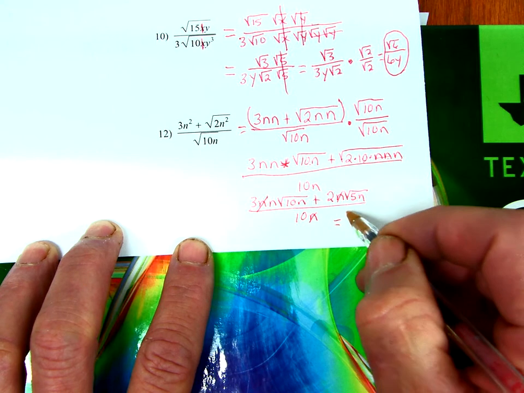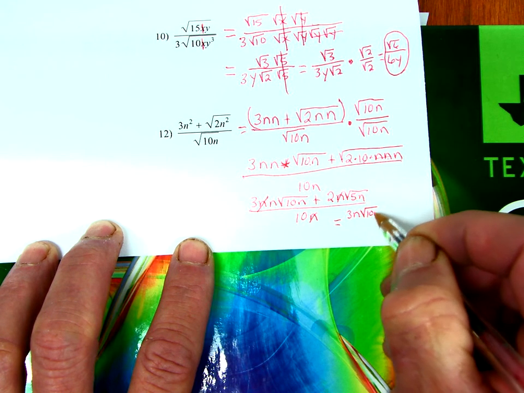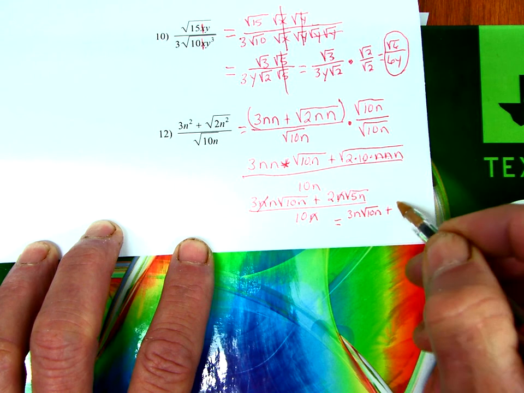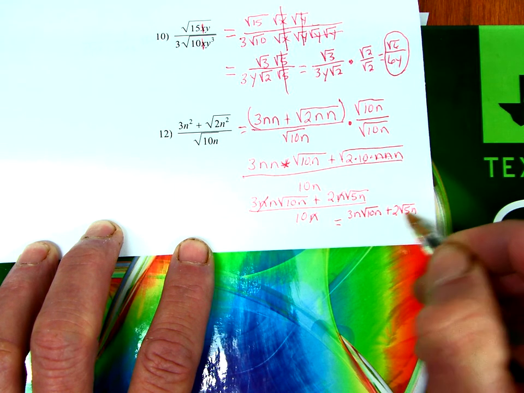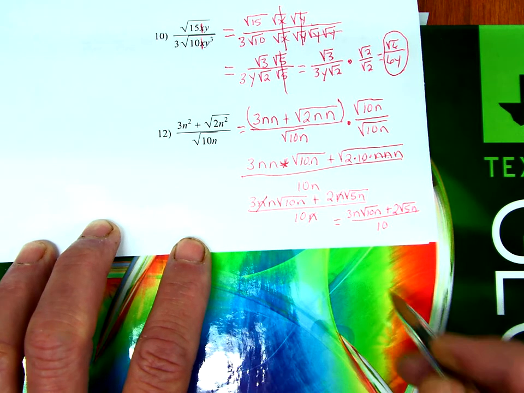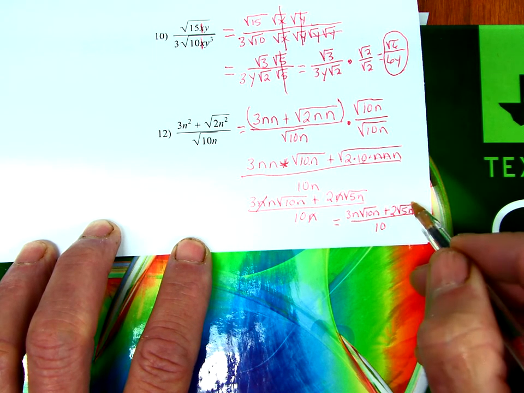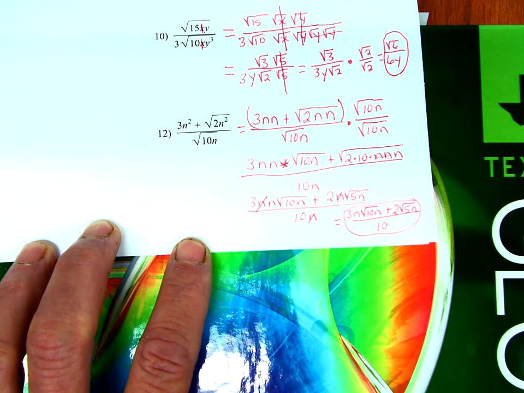This equals 3n square roots of 10n plus 2 times 5n all over 10. No radical on the bottom, no more reducing, simplifying to do. We are done.